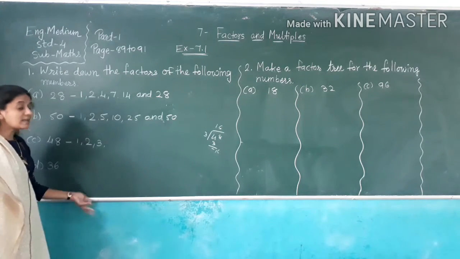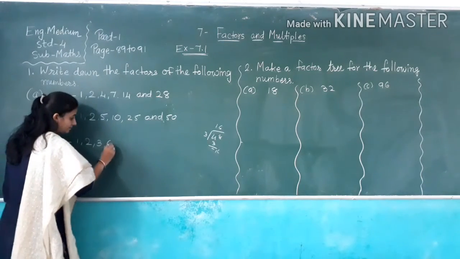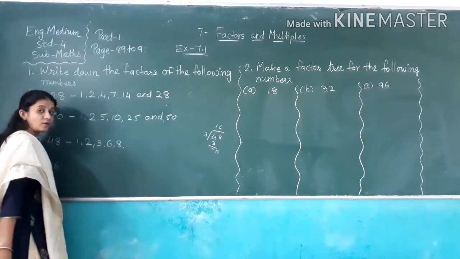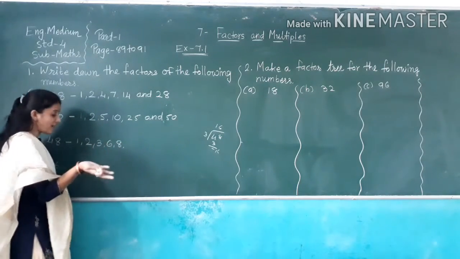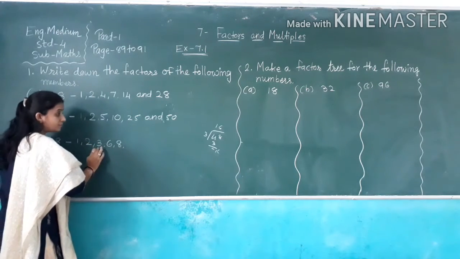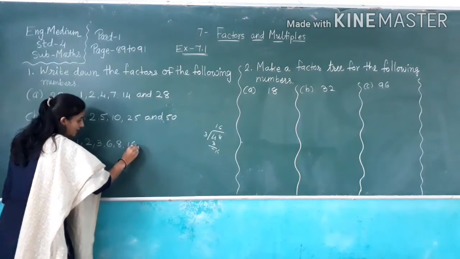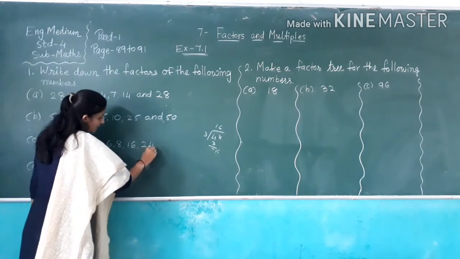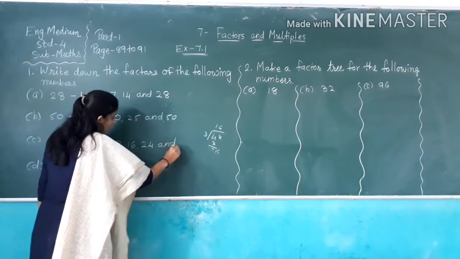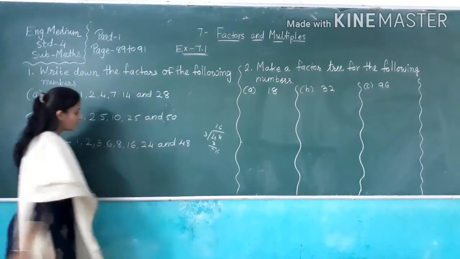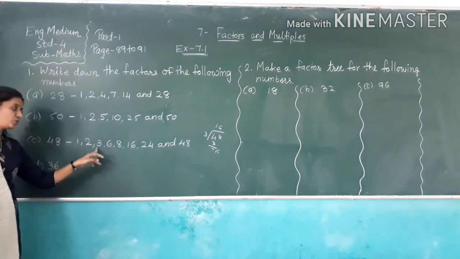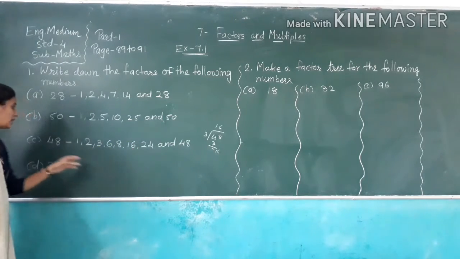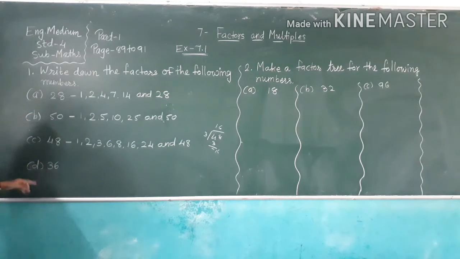So 6 eights are 48. 6 and 8 both are factors. Now 3 sixteens, 24 twos and 48 ones. So 1, 2, 3, 4, 6, 8, 12, 16, 24 and 48 are factors of 48.